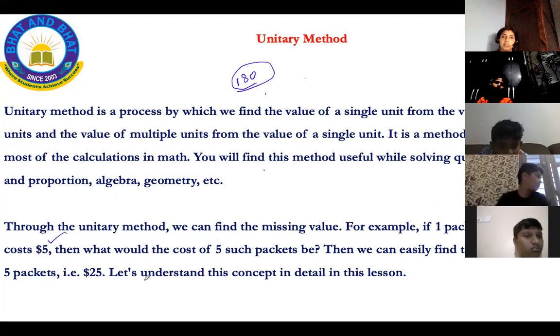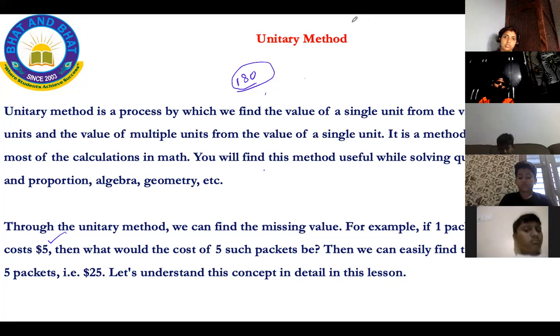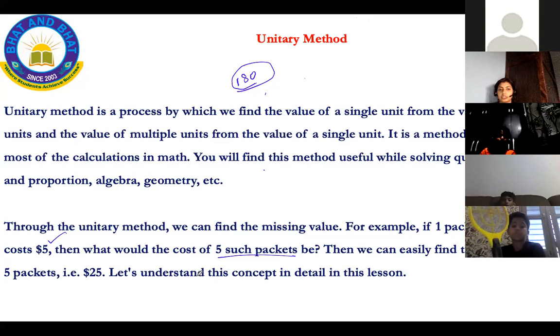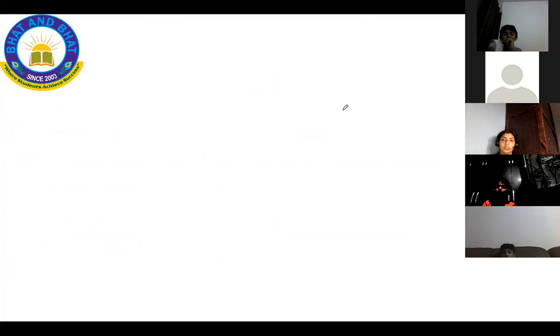You will just multiply each value into how many numbers you need, right? That is how you will get the value of 5 packets of juice. Understood? So now let us understand this in detail.